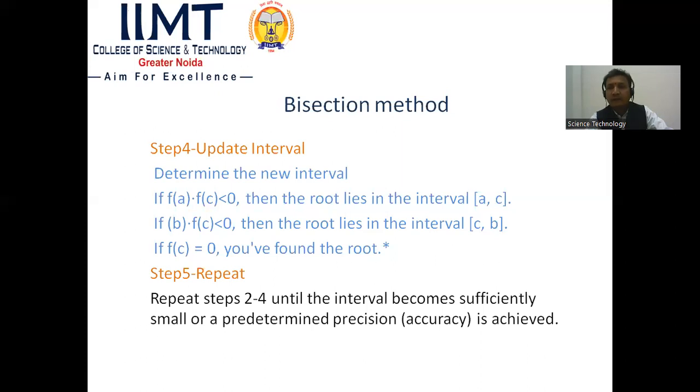After getting this point c, we will get 3 points a, b and c in interval [a, b].